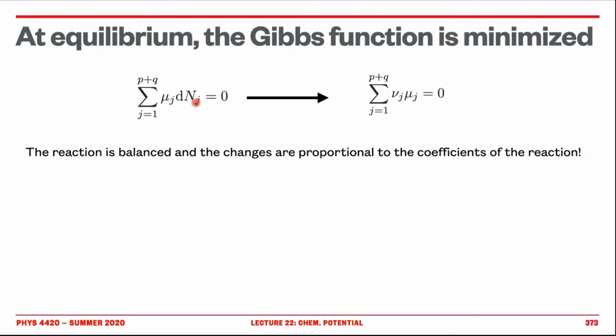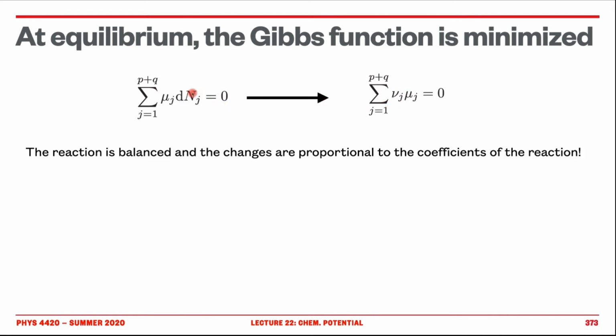However, reactions use integer numbers, so we have an integer number of particles, but even if we did not, each time we change one, all the others are changed by the same factor. In other words, the dN_J are all proportional to this nu_J, because this is due to the stoichiometry of the reaction.